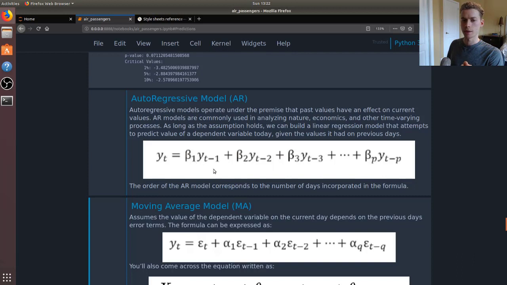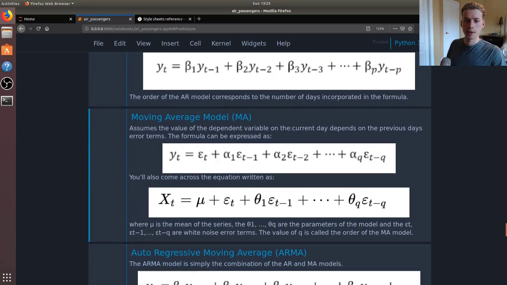So Y_(t-1) would be the stock price of yesterday multiplied by some constant. And then we have Y_(t-2) multiplied again by some constant. And we refer to the number of terms, so the number of days you include in the equation, as the order of the AR model. And so if we had an AR model of order 2, then that would mean that our equation would have the two preceding days. And so we would have yesterday and the day before that.